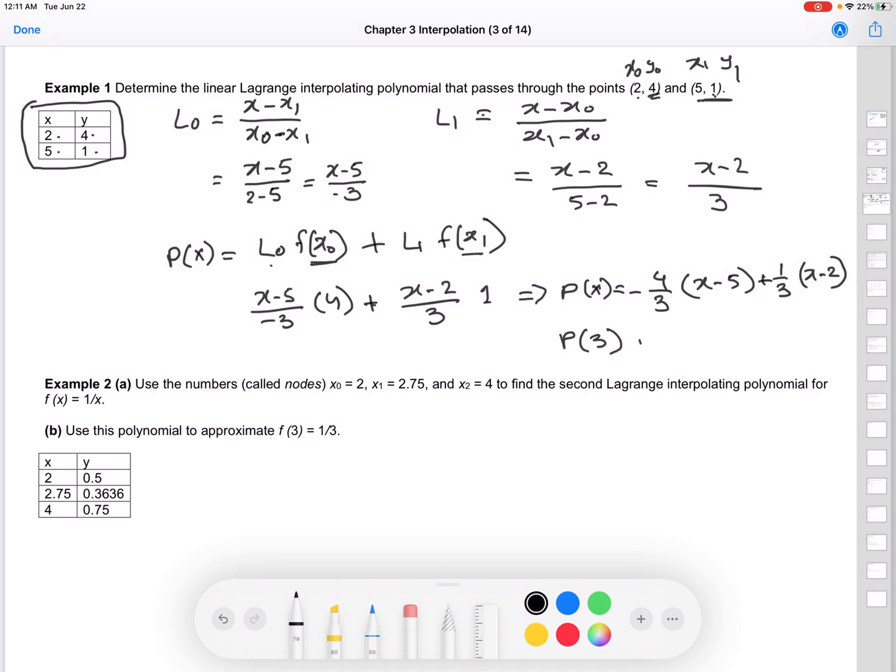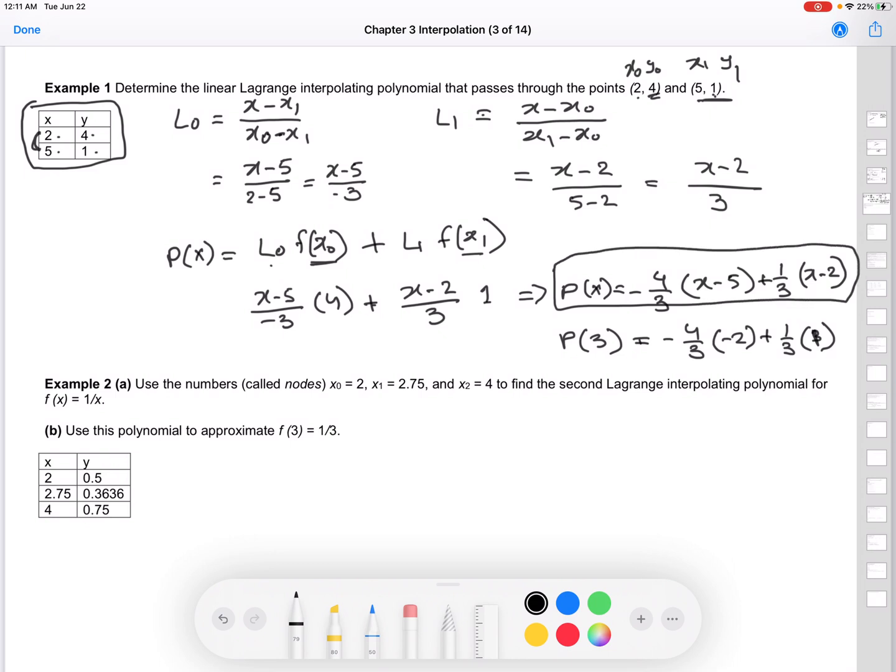You will simply replace x by 3 in this relation. 3 minus 5 is negative 2, plus 1/3 times 3 minus 2, which is 1, right? That gives you the value anywhere between these 2 points. So your answer is this one.